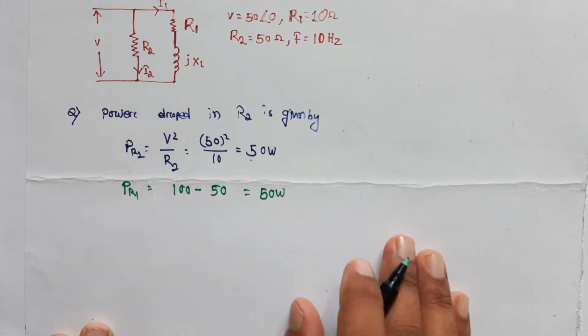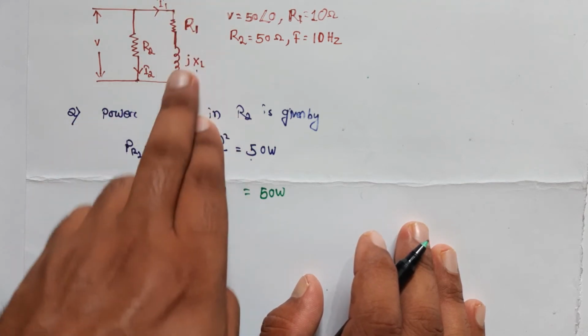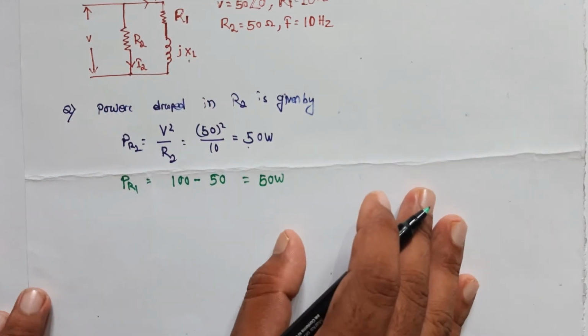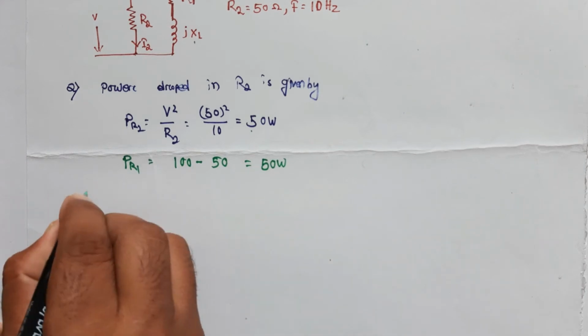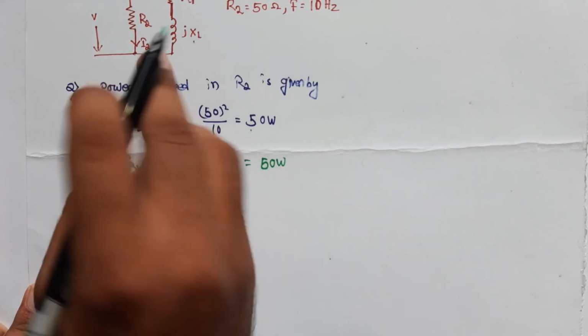Next we find this I1 so that we can find the XL value.